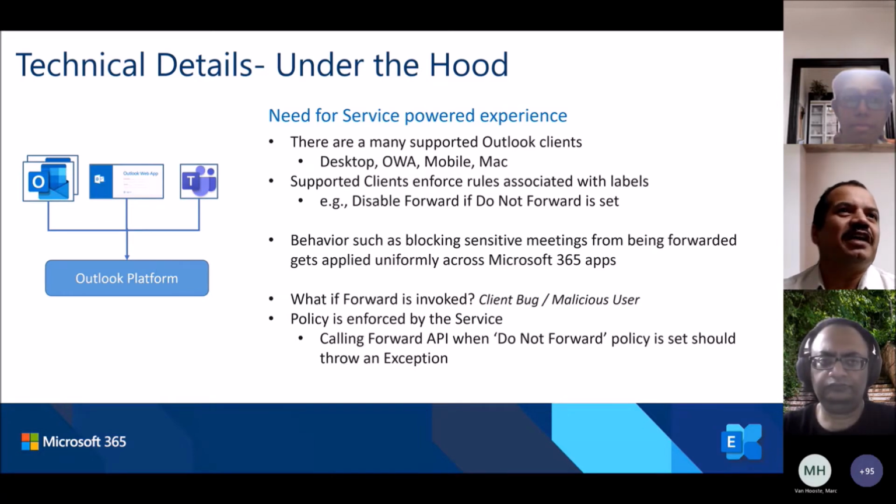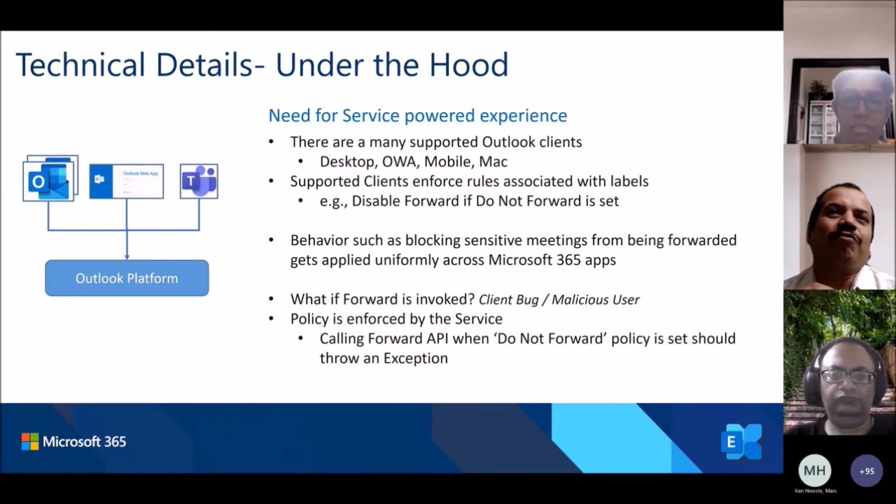If the enforcement of these rules were implemented on the client side, the same thing has to be repeated in all 3 clients, and as the feature becomes larger, it might diverge. So uniform behavior is there if it is implemented on the server side, and the client does help. Like say if there is a label called "Do Not Forward," then the forwarding is disabled. So it makes it hard to violate the policy.